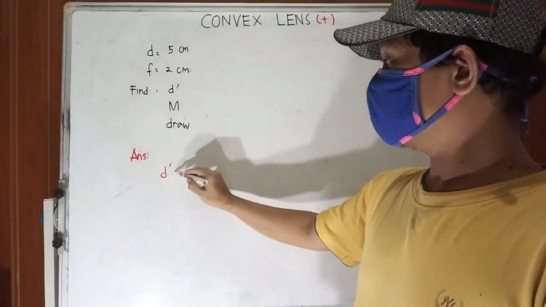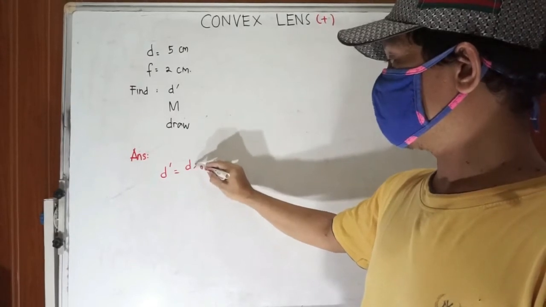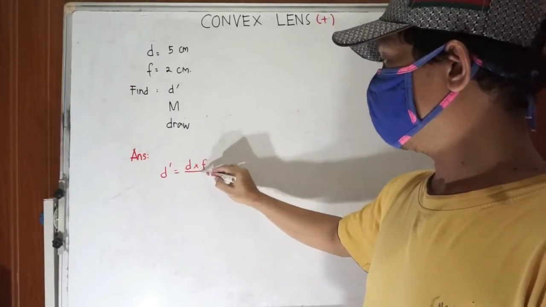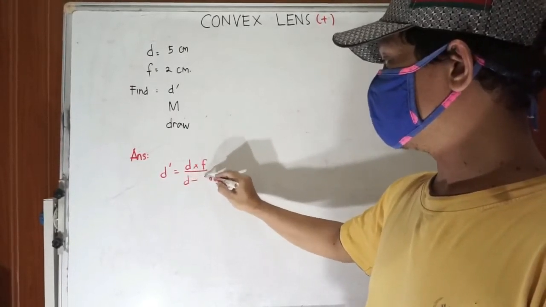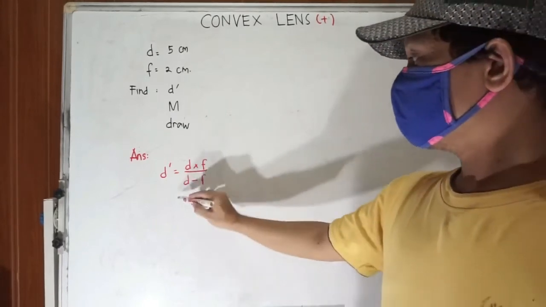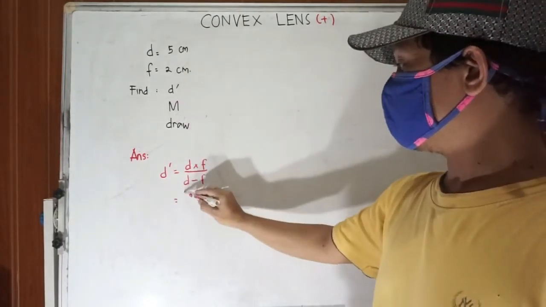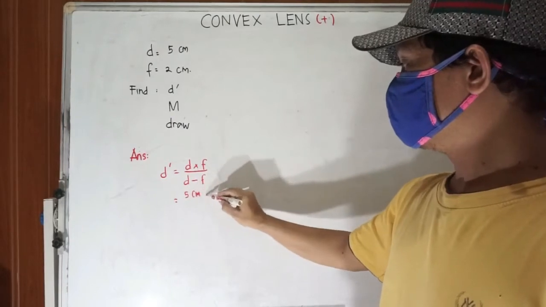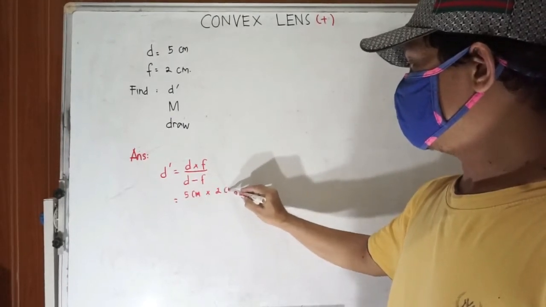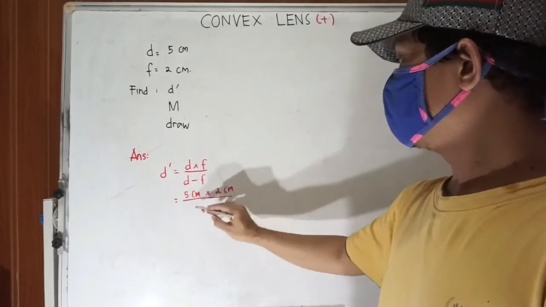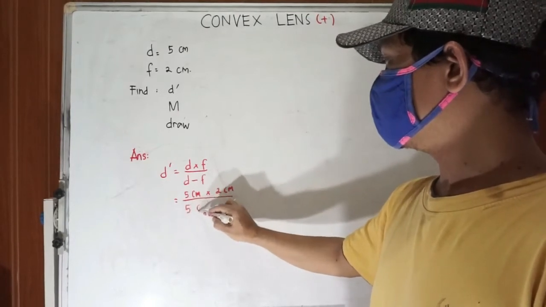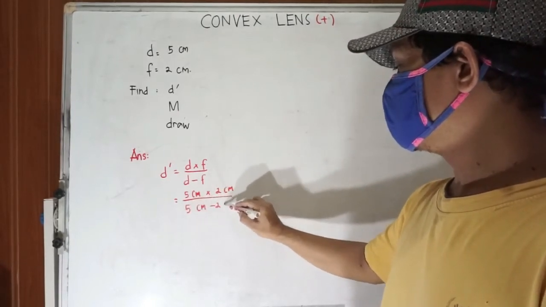Image distance D accent equals D times F over D minus F. D is 5 cm times 2 cm over 5 cm minus 2 cm.